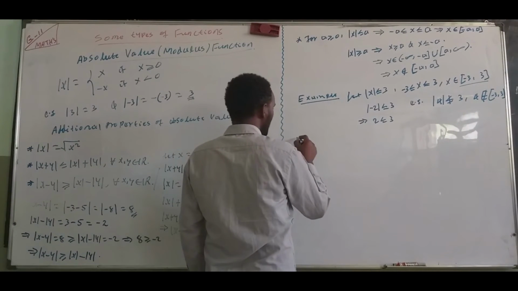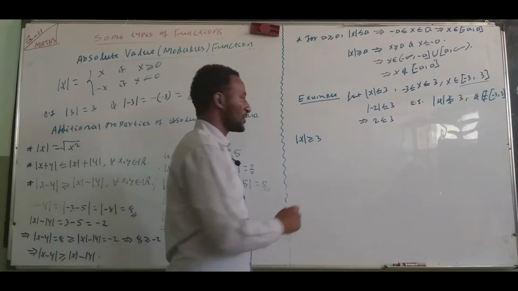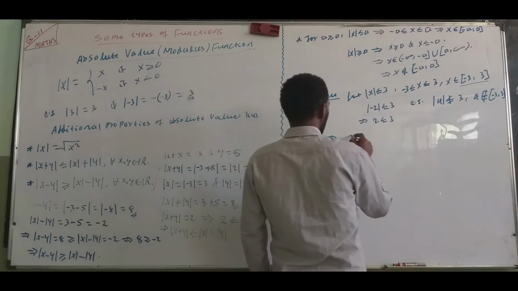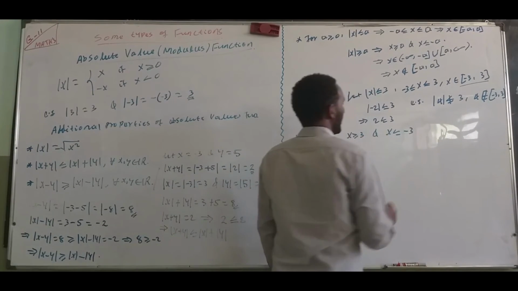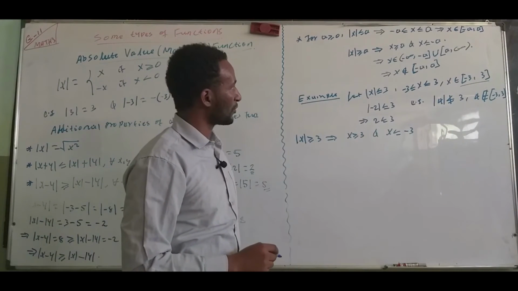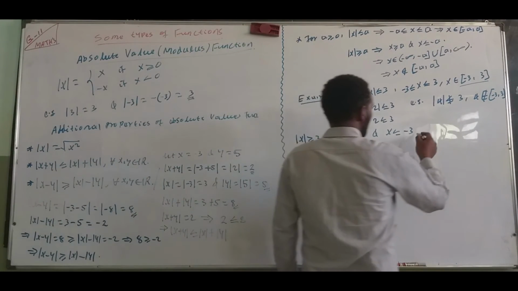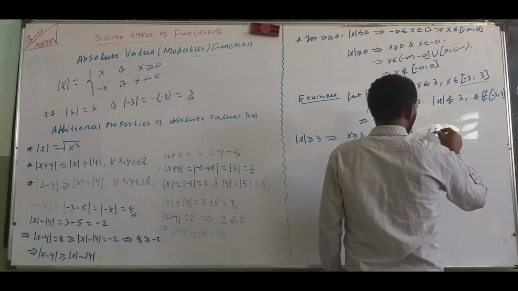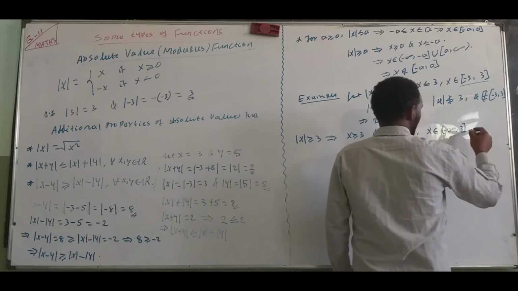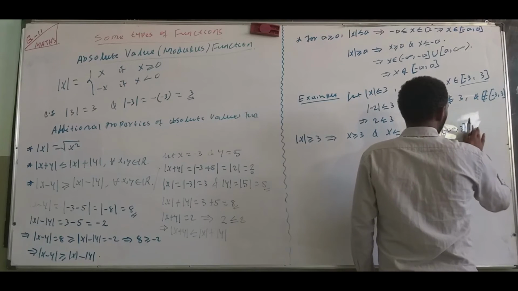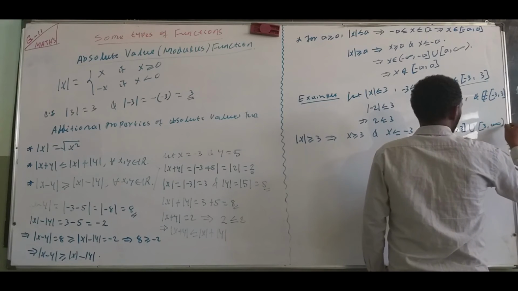Then, when we say the absolute value of x is greater than or equal to 3, this implies that x is greater than or equal to 3 or x is less than or equal to negative 3. That means x is an element of negative infinity to negative 3 union 3 up to positive infinity.